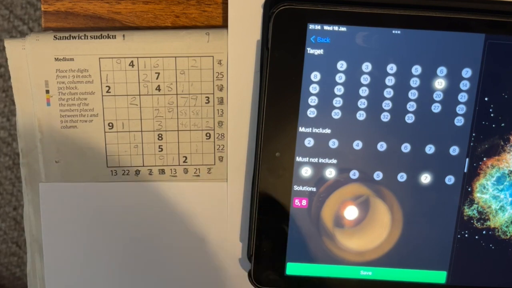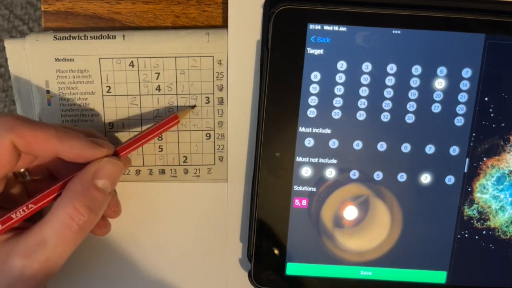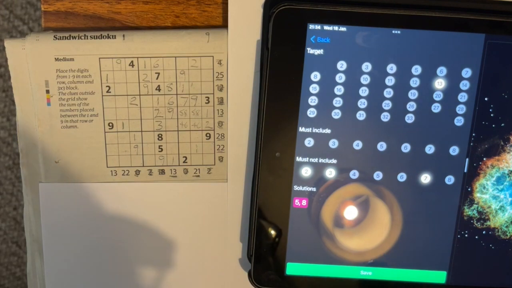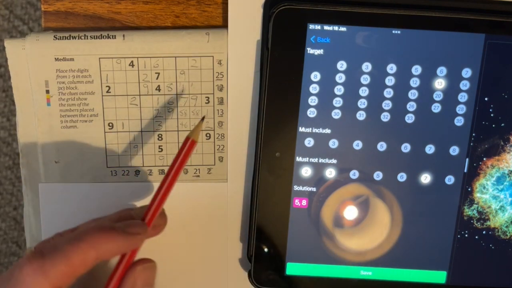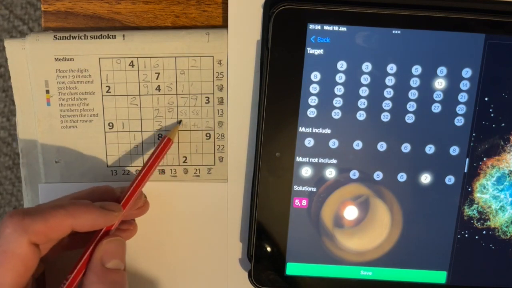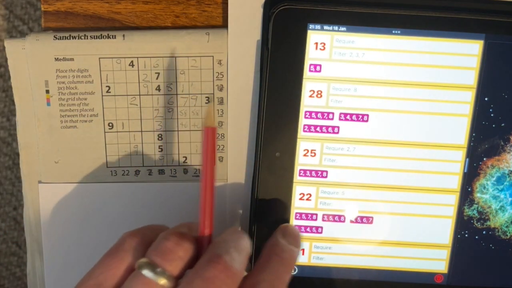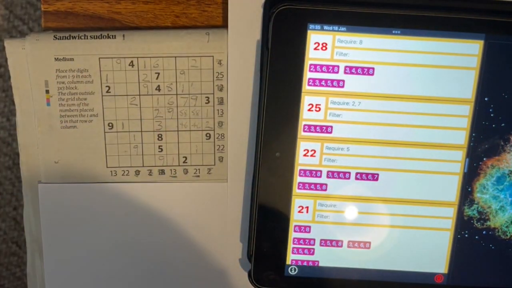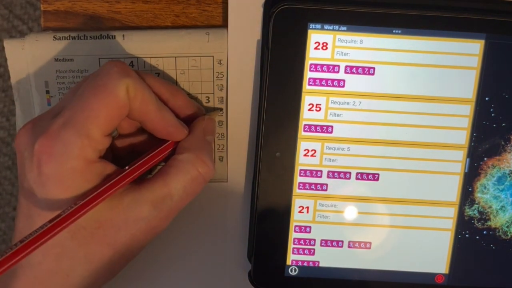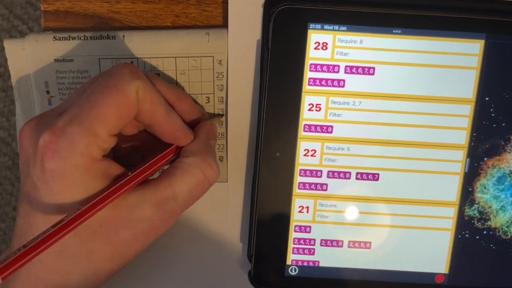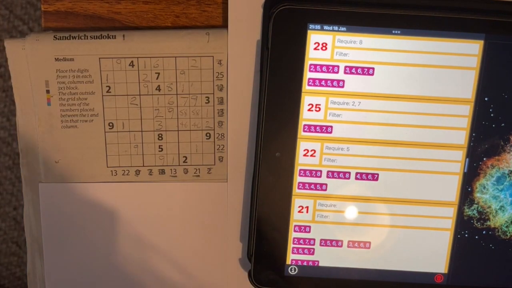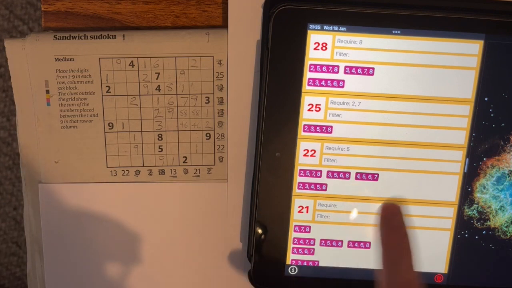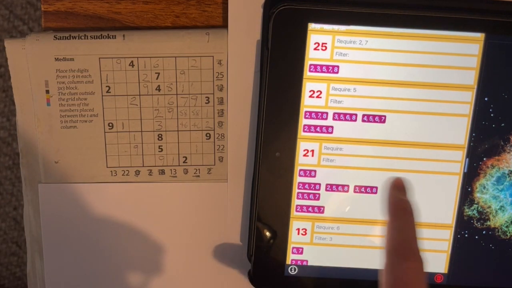So we've got this 21 here. And again, I can actually get rid of this 13 that I've done, because it's already been penciled in. So actually I'm going to cross out that because the sandwich rules are done with for this one. But on this 21, what did we have?